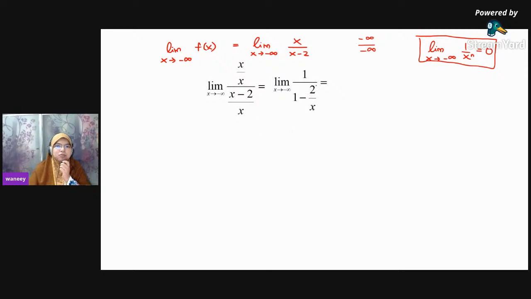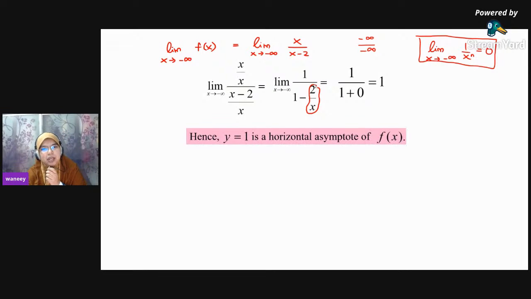So that means this 2 over x is simply 0. So 1 over 1 plus 0, that will become 1. Therefore, we can say that y equal to 1 is a horizontal asymptote of f(x).